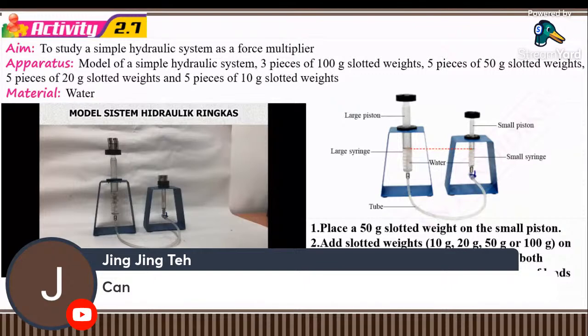Okay, it means a small force that you apply on the small piston is able to move a larger piston with a larger load.